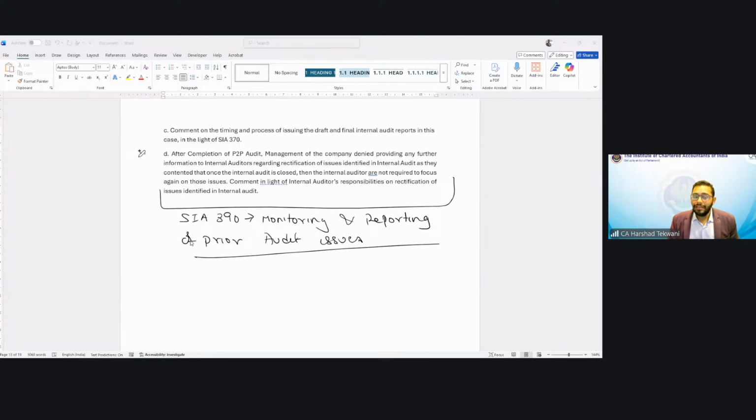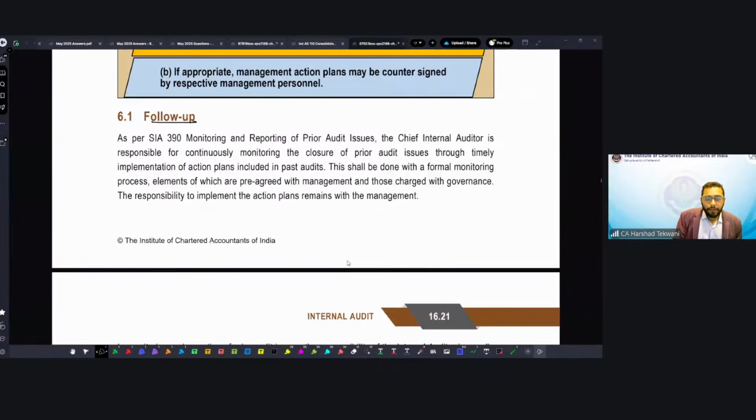Now, how this monitoring is done is in the form of an action taken report. If you come to page number 16.21 of your study material, you will find this follow-up we are talking about, that is SIA 390, monitoring and reporting of prior audit issues. As I said, the Chief Internal Auditor is responsible for continuous monitoring, but the responsibility to implement the action plan remains with the management.